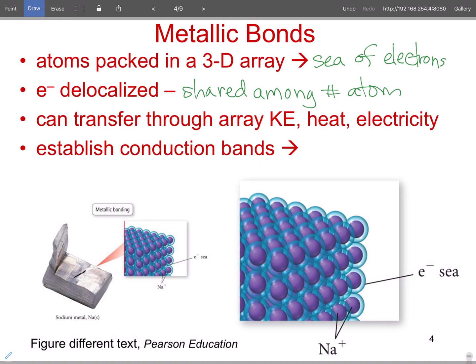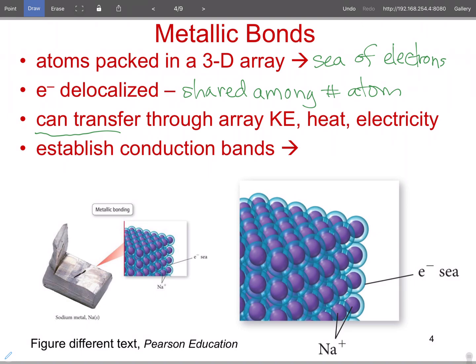What this net effect does is allow the transfer of kinetic energy, heat, and electricity through this array of delocalized electrons. And this is critical for conduction. So for example, if you have wiring, you tend to make it out of metals, not nonmetals, because you have the delocalized electrons in metals.